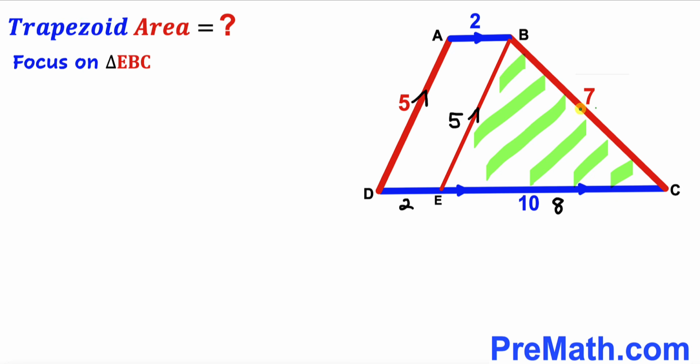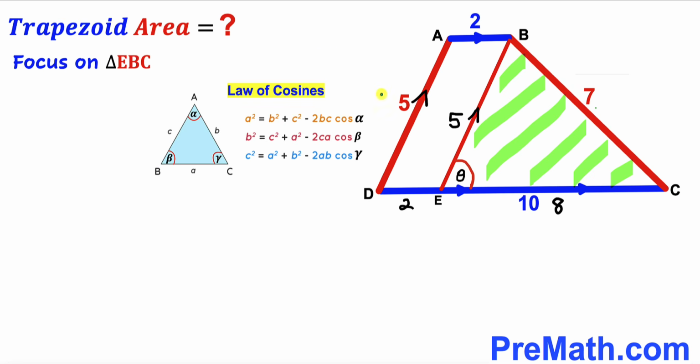Now we are going to focus on triangle EBC, whose side lengths are 5, 7 and 8 units respectively. I'm going to label this angle theta, and our task is to find the value of theta. Let's recall the law of cosines.